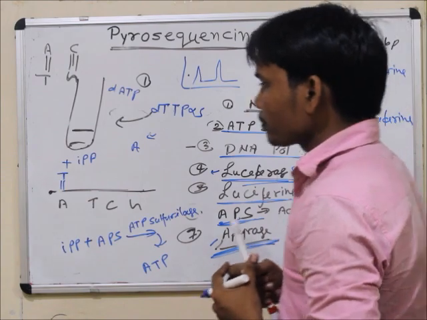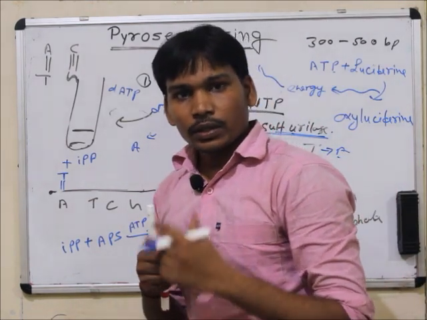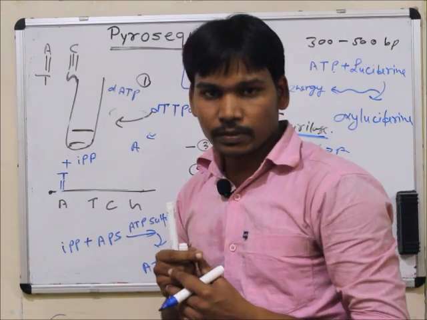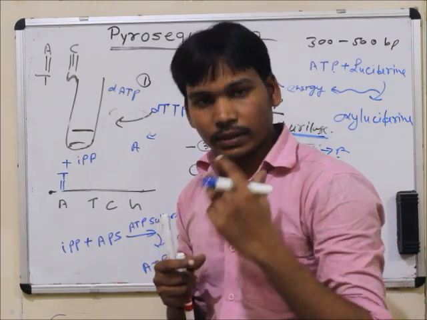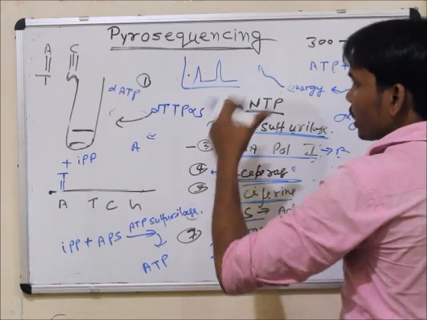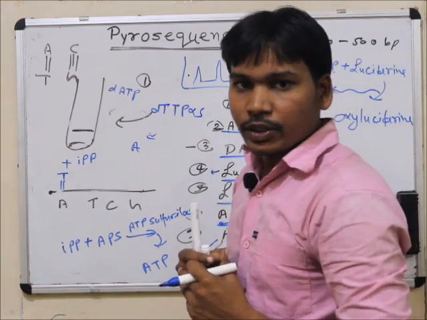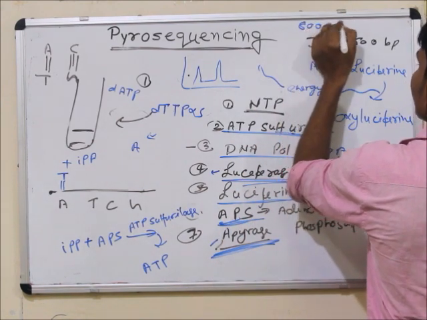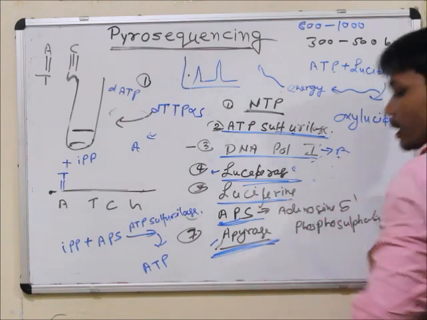But there are some problems with pyrosequencing in comparison to the Maxam-Gilbert method of DNA sequencing and the Sanger method of DNA sequencing. Why? Because the Sanger method sequences 800 to 1000 base pairs at a single time.